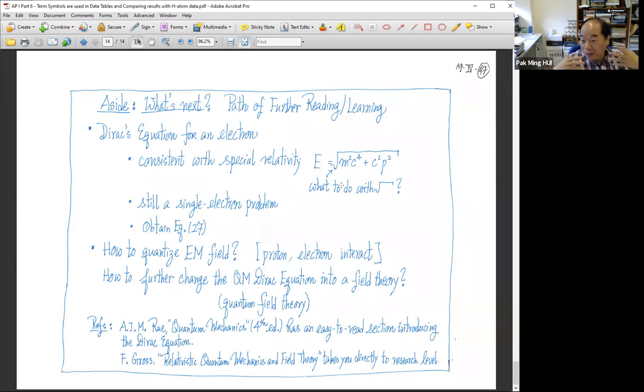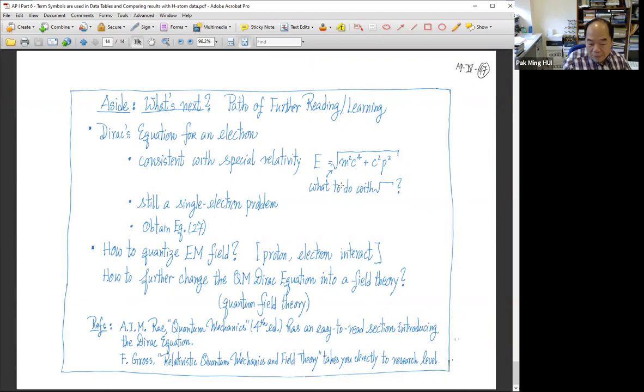The equation becomes a 4x4 matrix equation. And the lovely thing is that the solution of his equation for a free particle automatically gives us the spin of the electron. That is why we always say spin is a relativistic effect due to the work of Dirac.